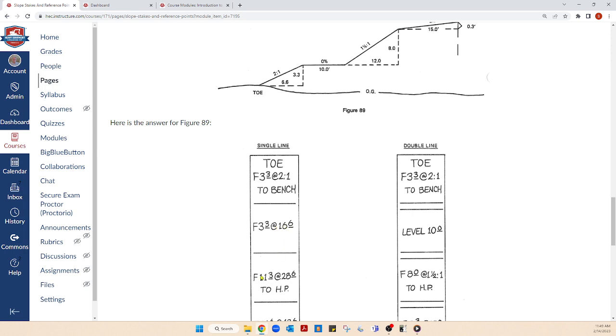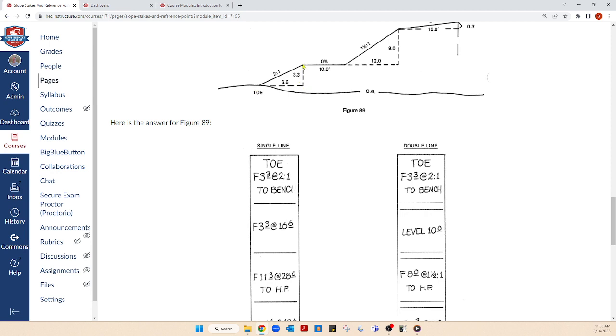We've already done this. Fill 11.3 at 28.6. So this is 16.6, and 12 is 28.6. So from here to here is 28.6. That's our horizontal distance they're wanting there. And then it said from here, fill 11.3.